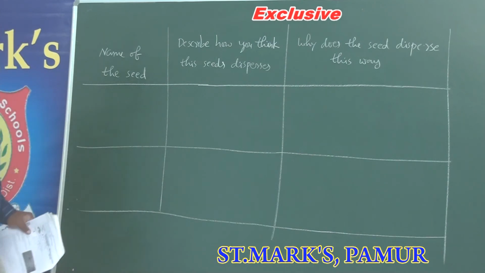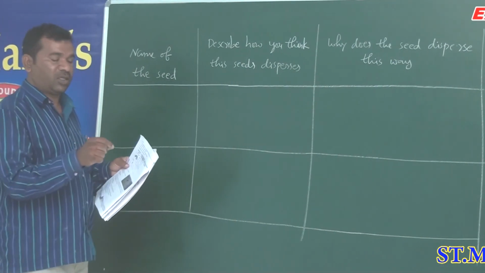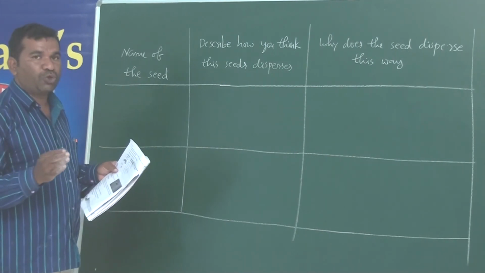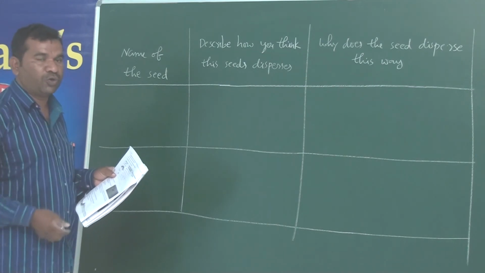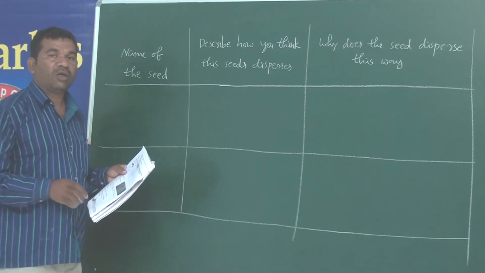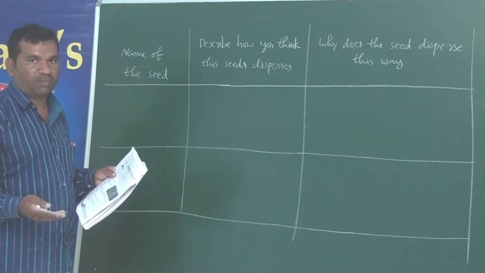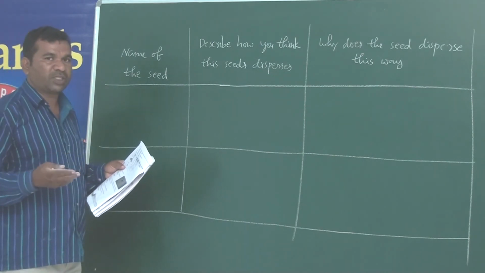Children, you see that whenever you are about to write anything in the textbook, make sure you are writing this using a pencil. Okay, don't use any pen to write it in the textbook. Why? If you make any mistake, sometimes we may do mistakes.